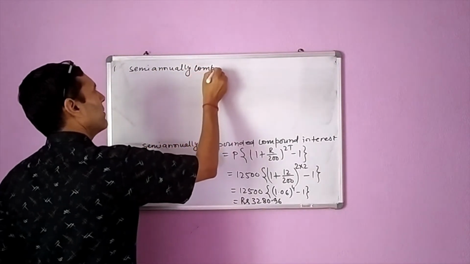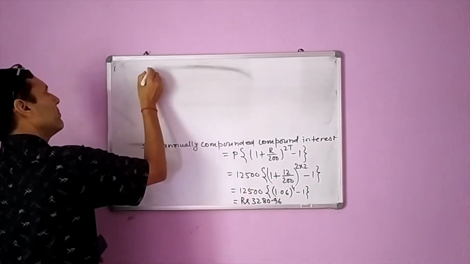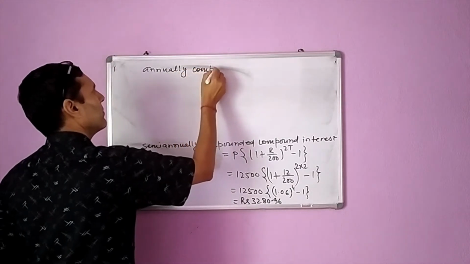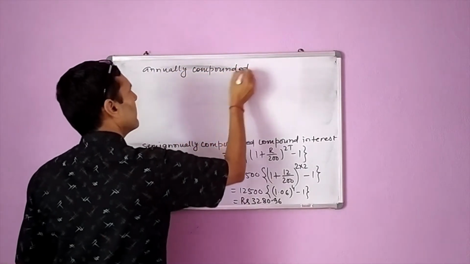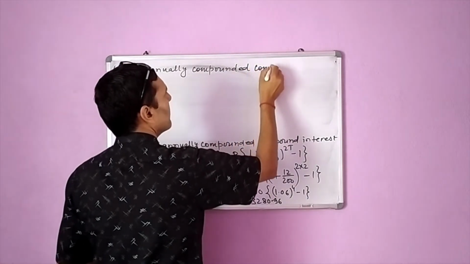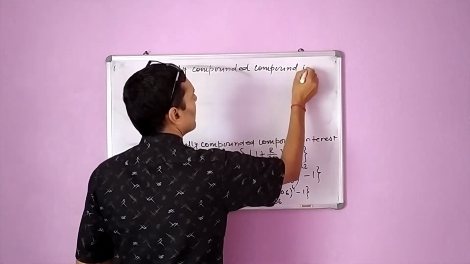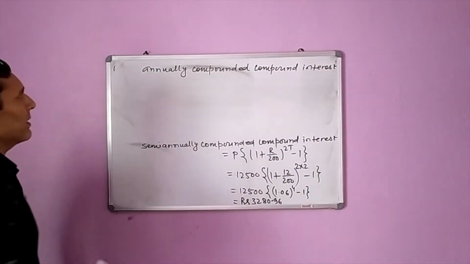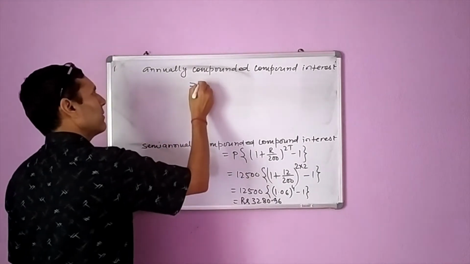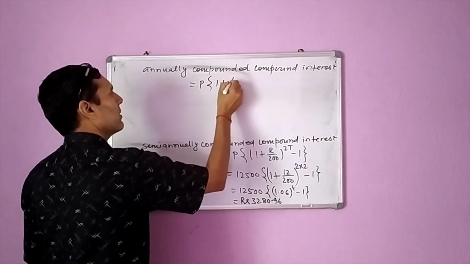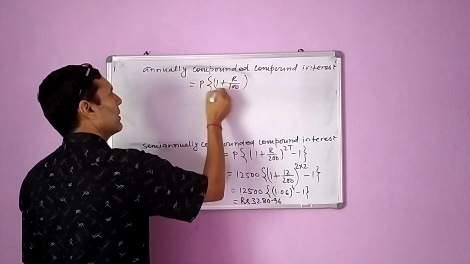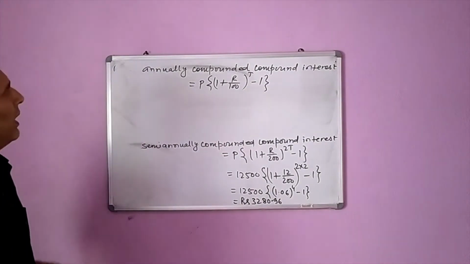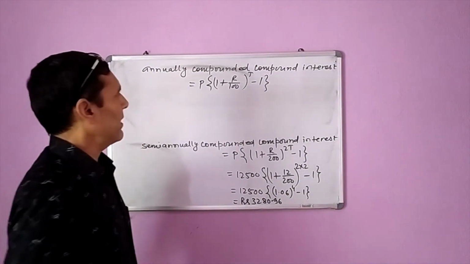Now it's annually compounded compound interest. Our formula is P times (1 plus R upon 100) to the power T minus 1. This is the formula to calculate the annually compounded compound interest.